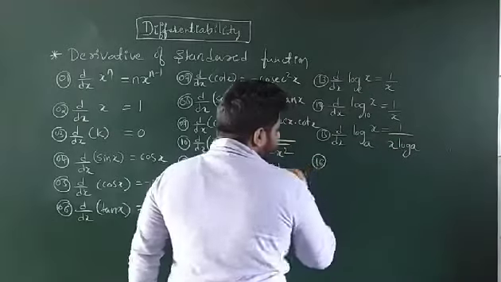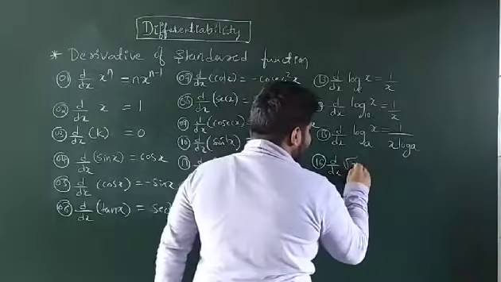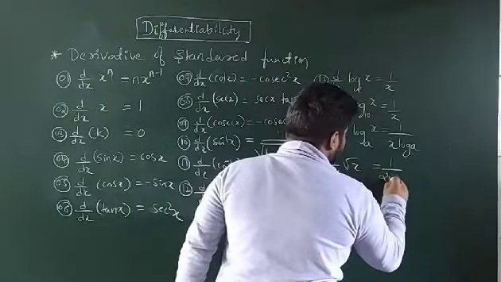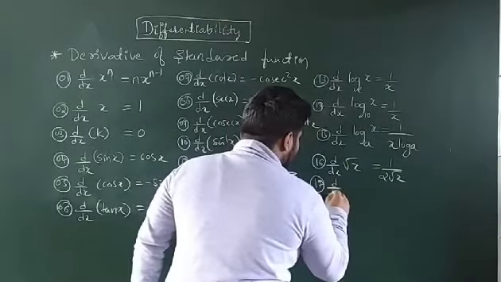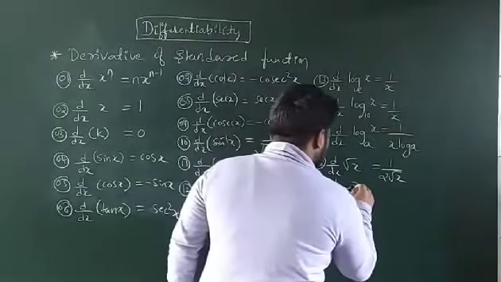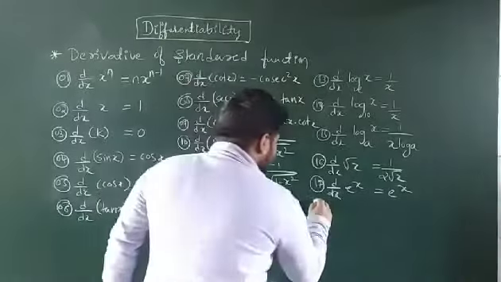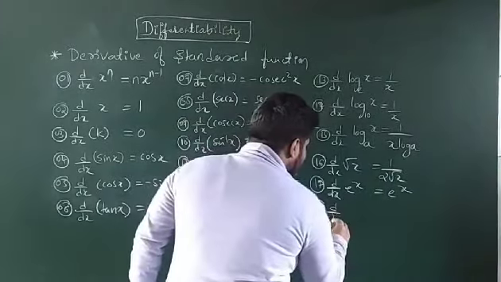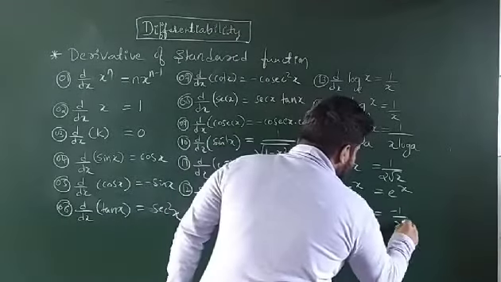Next 16th one, d by dx of root x is 1 divided by 2 root x. 17th, d by dx of e raised to x, that is the exponential function, we get e raised to x as it is. 18th one, d by dx of 1 by x is minus 1 by x square.